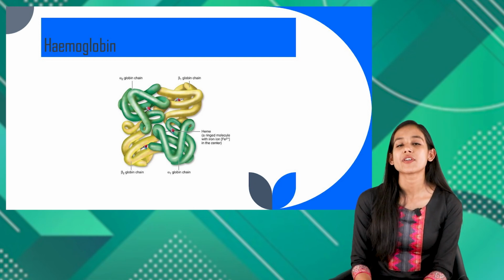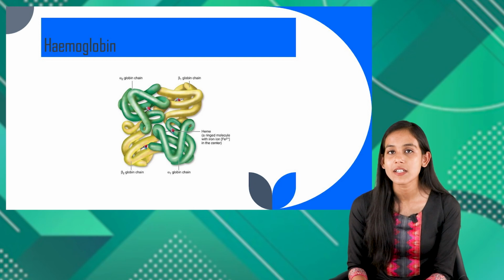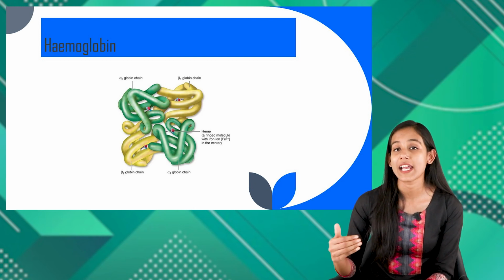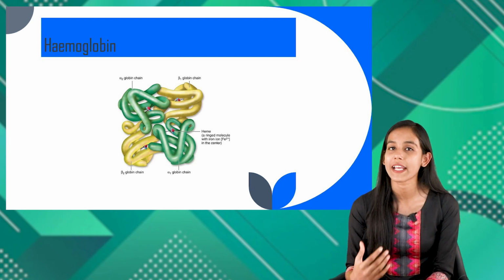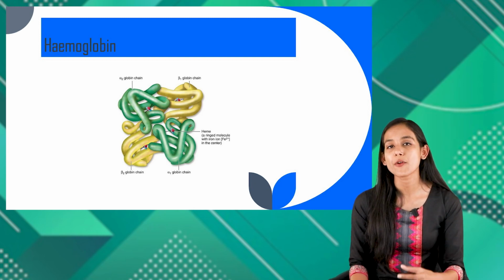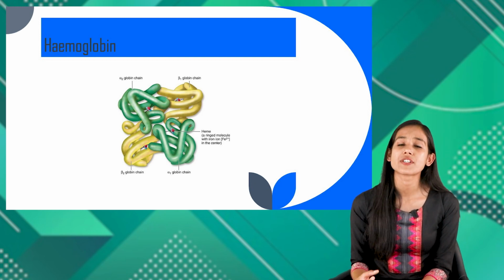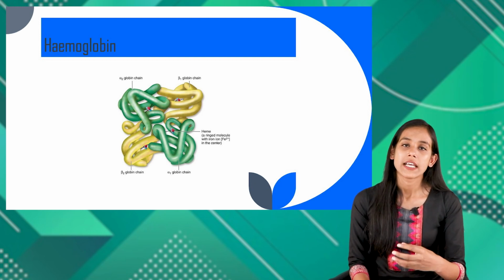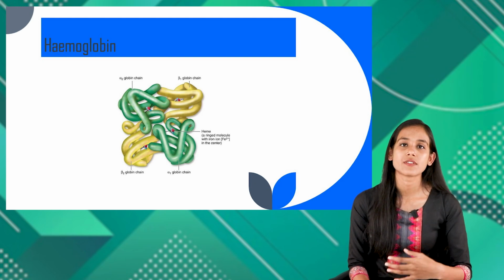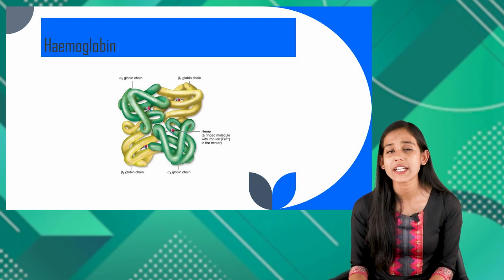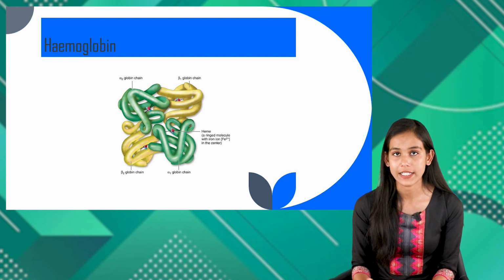But here, because of the mutation in the gene, there will be hemoglobin S instead of hemoglobin A. We know that hemoglobin carries oxygen, right? And it is very important for the RBCs to have hemoglobin because it carries oxygen to the tissues and to the organs, and for the organs to work properly, oxygen is needed, right?